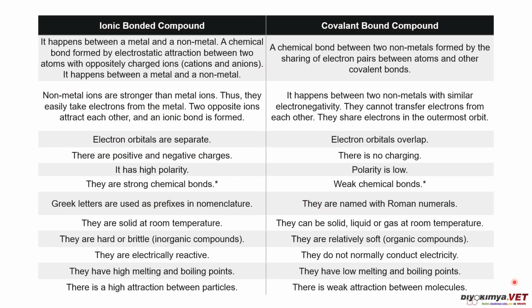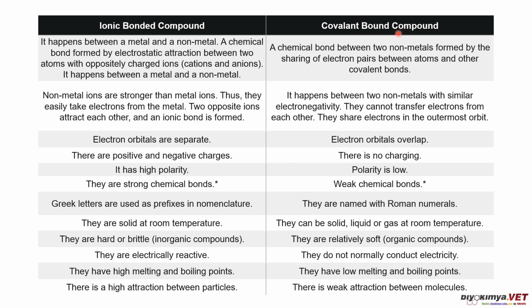And here is a good table summarizing the features and also the differences between ionic bonded compounds and covalent bonded compounds. Ionic bonding, as I said before, occurs between a metal and a non-metal, and it is a kind of electrostatic attraction between two oppositely charged ions.